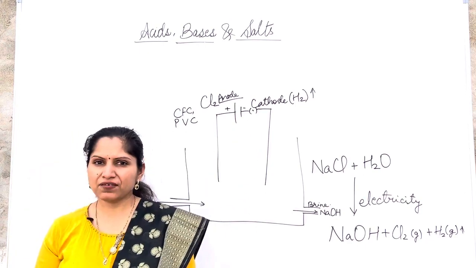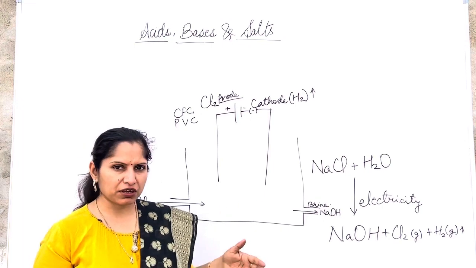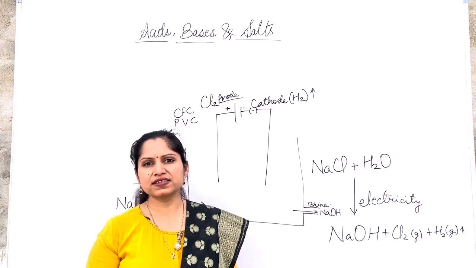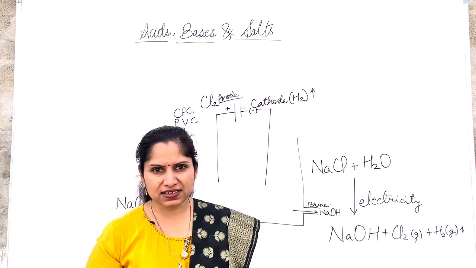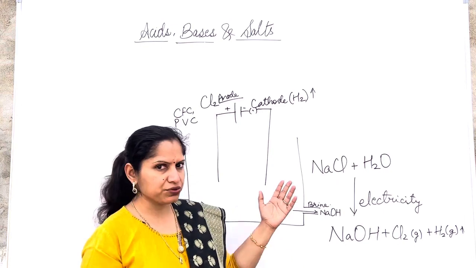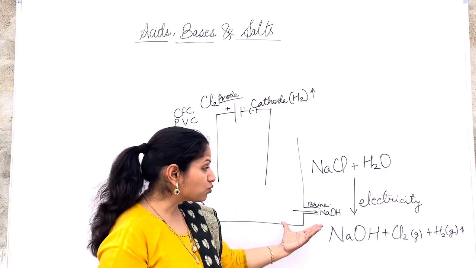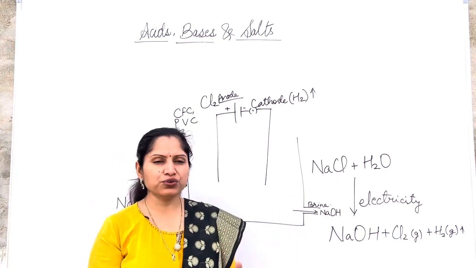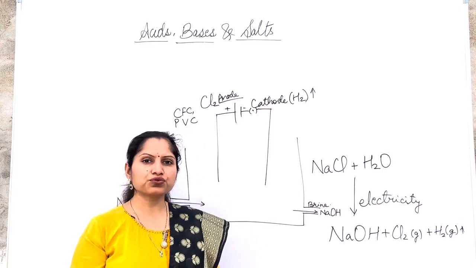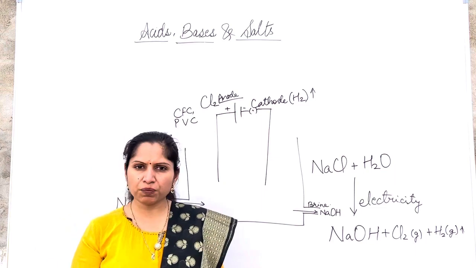Apart from that, we have hydrogen gas escaping out. This hydrogen gas is also very important. It's used as a fuel. It's used for the synthesis of fertilizers and margarine. This sodium hydroxide is very useful in industries. It is used in paper industries and soap industries.